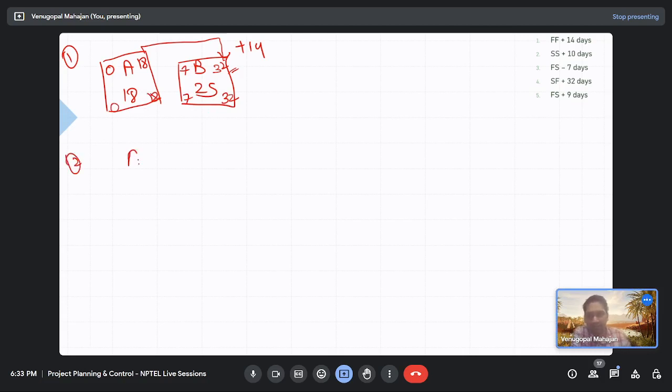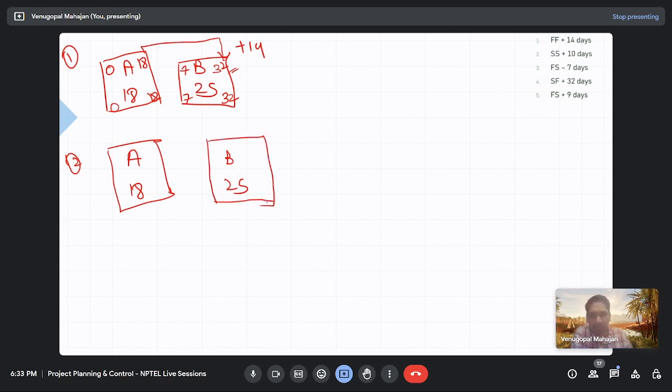Let's check the second case. A is 18, B is 25. What is the next relationship? Can you read it for me? Start to start, with 10 days.